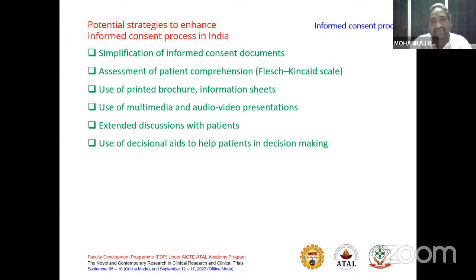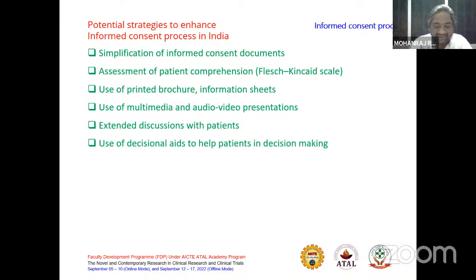Now, to improve the strategies of the informed consent process, what do we have to do? Number one, simplify the informed consent documents. Prepare the documents using the Flesch-Kincaid scale. The Flesch-Kincaid scale shows whether the language of the document is complex or readable and simple to understand. Use brochures, patient information leaflets, audio-video visuals, and multimedia visuals.